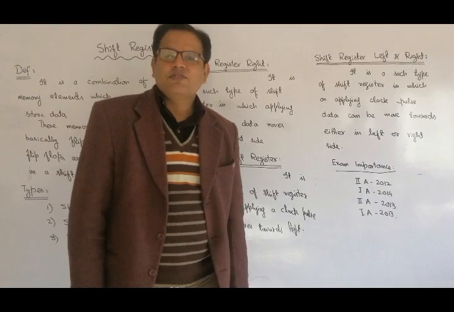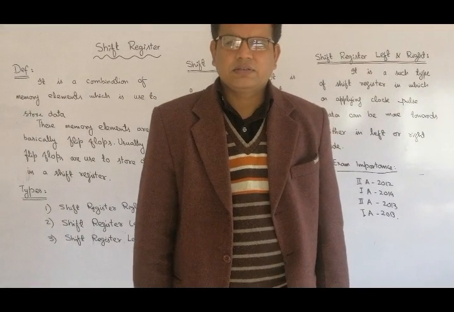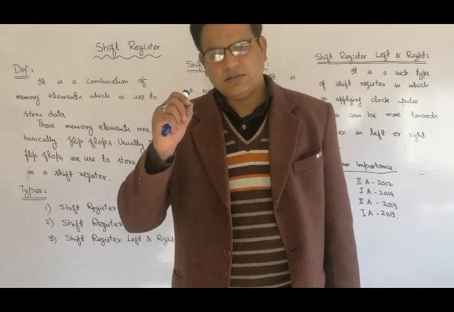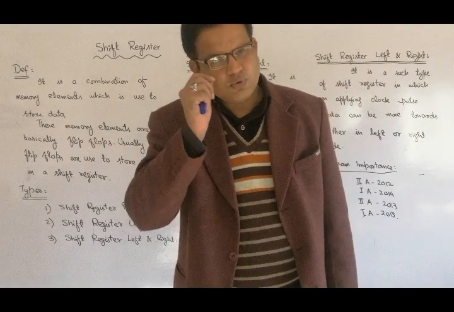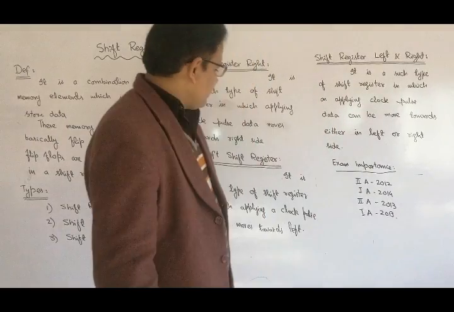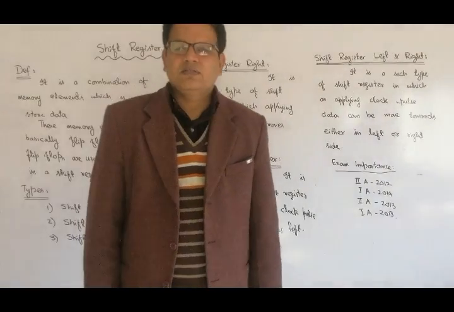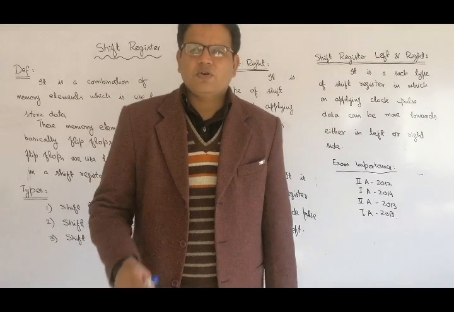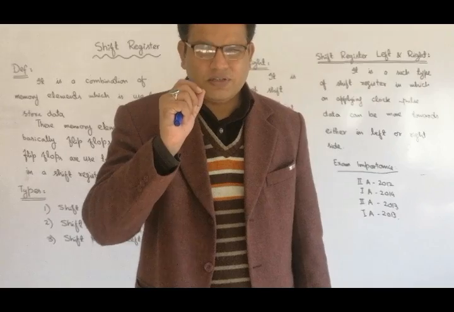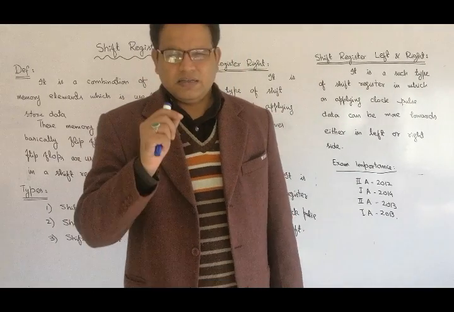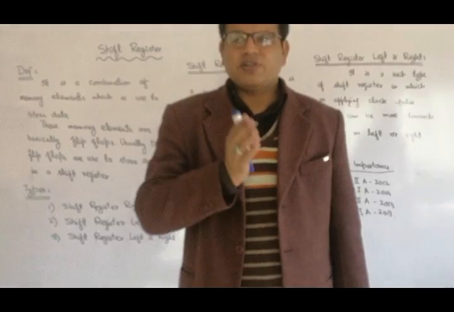Whenever we apply a clock pulse on a right shift register, the data travels from the left side to the right side. A left shift register is a type of shift register which, on applying a clock pulse, moves the data towards the left, from the right side to the left side.